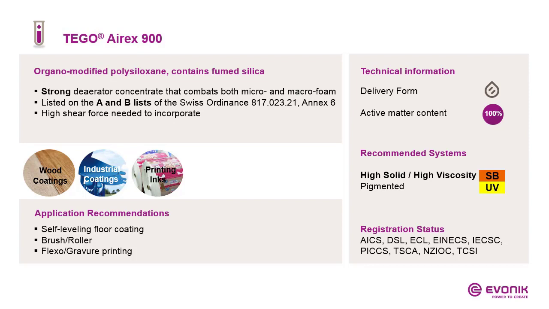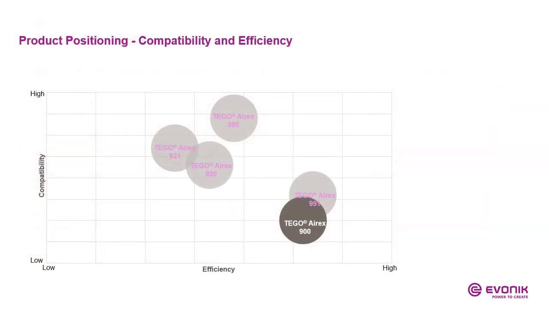Some of the application recommendations are listed below: self-leveling flow coating, brush roller application, or flexogravure printing, etc. When we are positioning them in a compatibility and efficiency graph, you'll find it far down on the right side. Of course it's a very efficient defoamer, but at the same time you have to be careful with the compatibility.